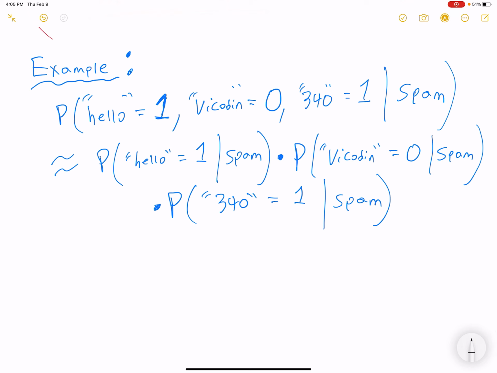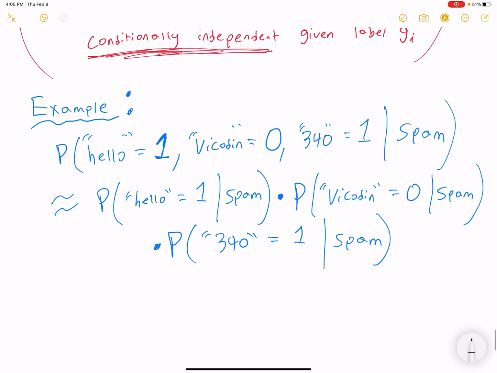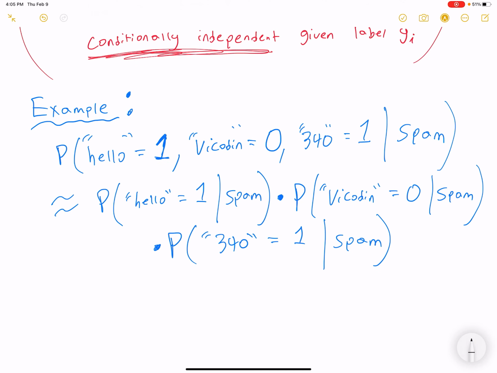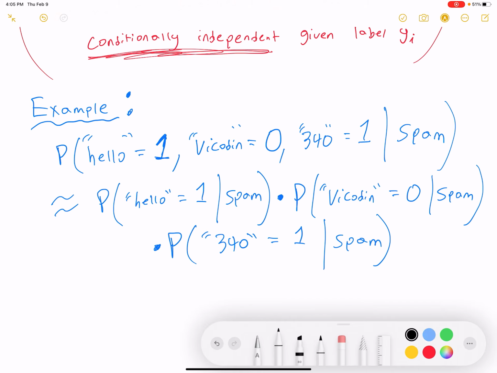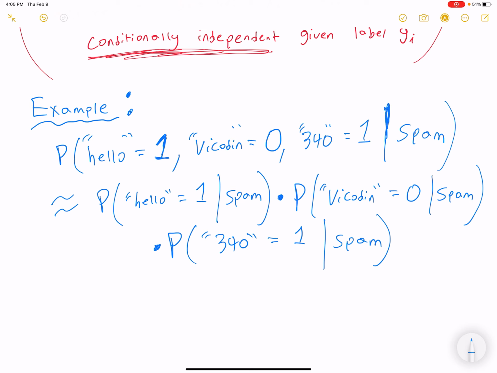I'm sorry, so in this example, we're saying that if the email contains the words hello and 340, then it is spam. We're saying it's not spam. No, we're not doing anything. We're just saying the probability that it has the words hello and 340, given that it's spam, is equal to the probability that it has the word hello, given that it's spam, times the probability that it doesn't have the word Vicodin, given that it's spam, times the probability that it has the word 340, given that it's spam.